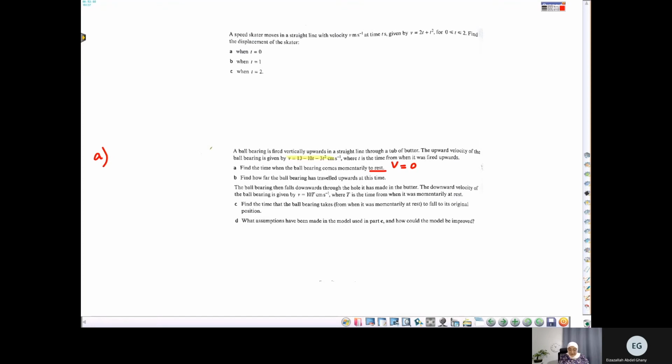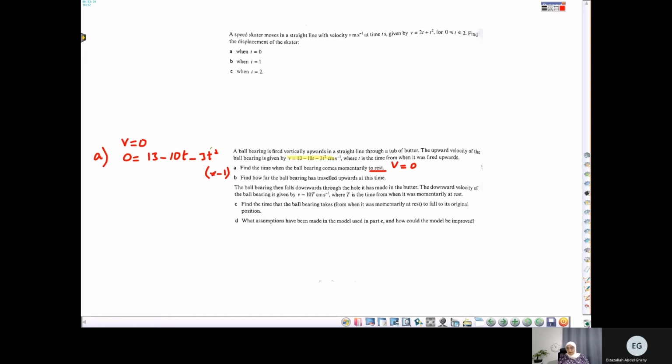But better if you multiply the whole equation by -1. Okay, so now we put velocity equals 0. So 0 is equal to 13 minus 10t minus 3t squared. Please multiply the whole equation by -1 and rearrange it.